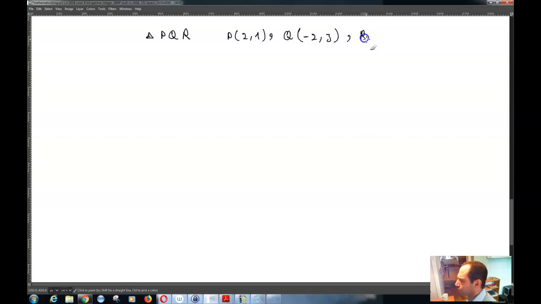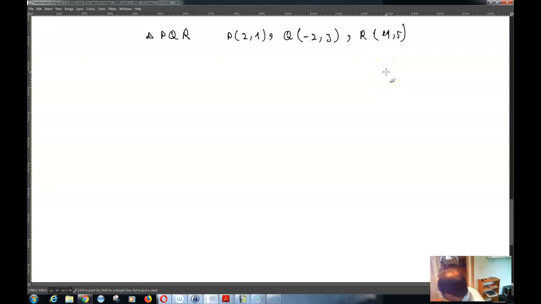So now question number 9. Question number 9 is the vertices of triangle PQR. The vertices are P (2, 1), Q is (-2, 3), and R is (4, 5).